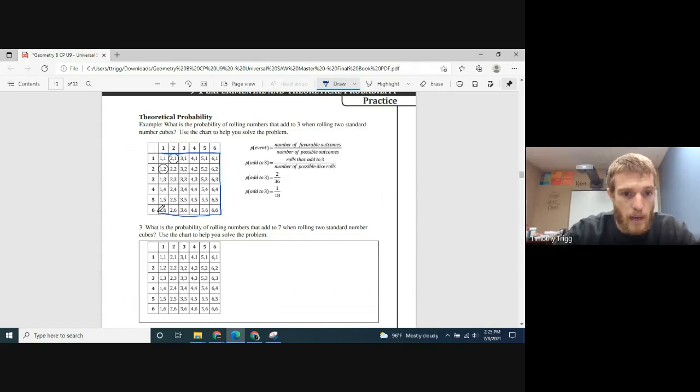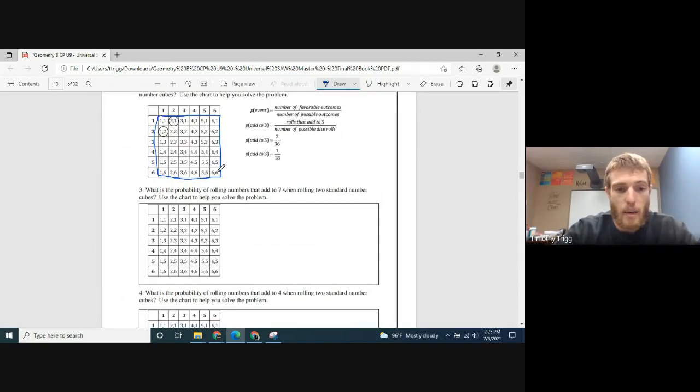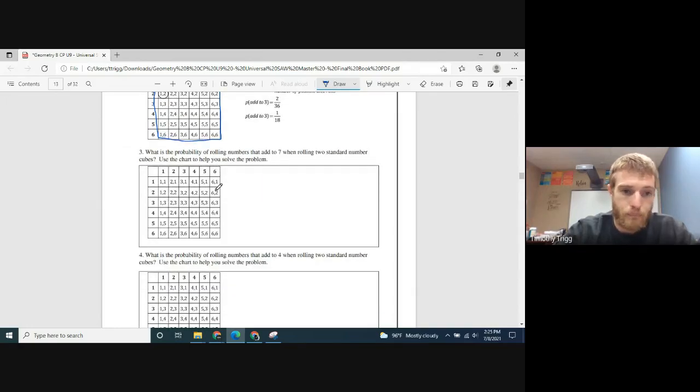This is a 6 by 6 square. So there's 6 times 6 squares here, right? The area of this square is 6 times 6. So there's 36 total possibilities. So that 36 is going to come up in these problems, because there's 36 total possibilities when rolling 2 dice.